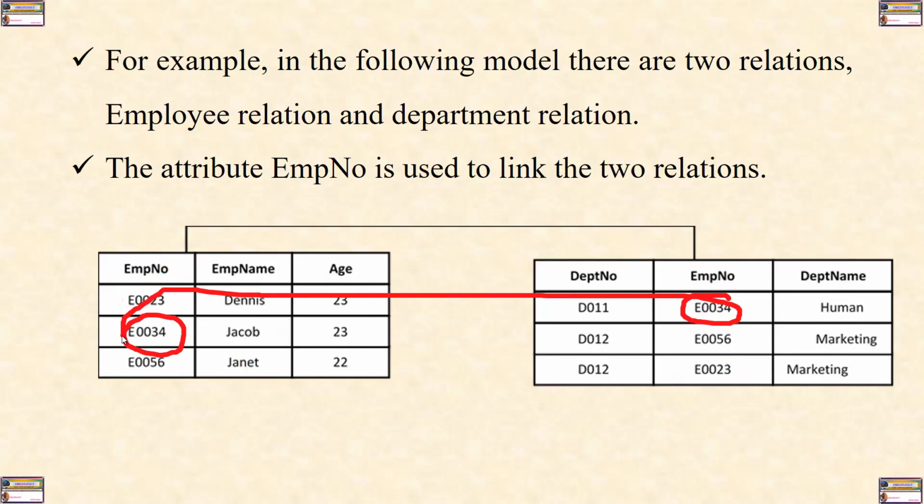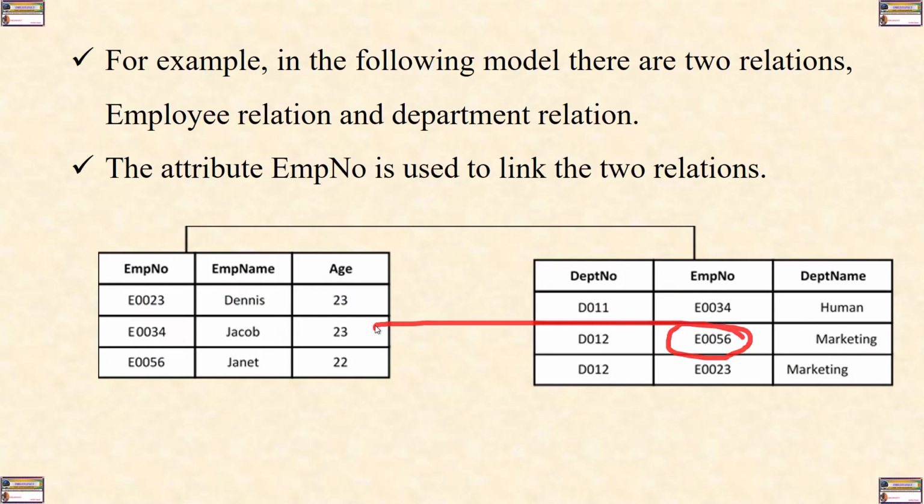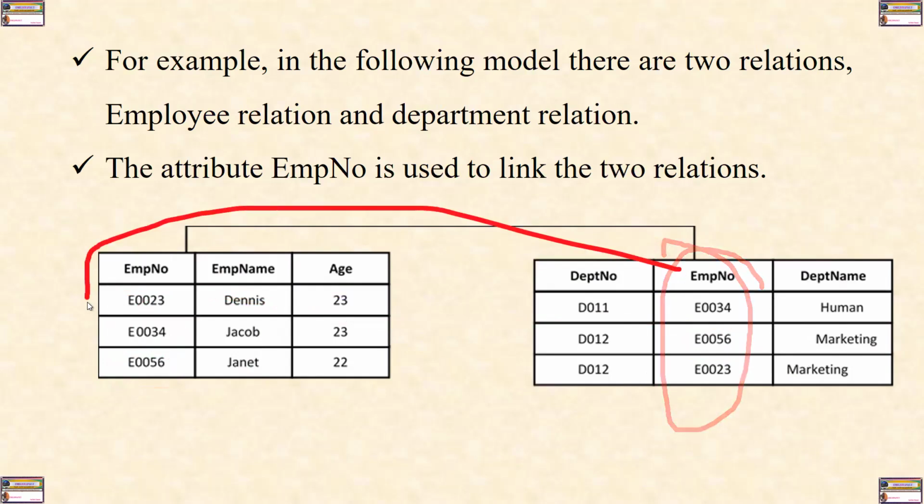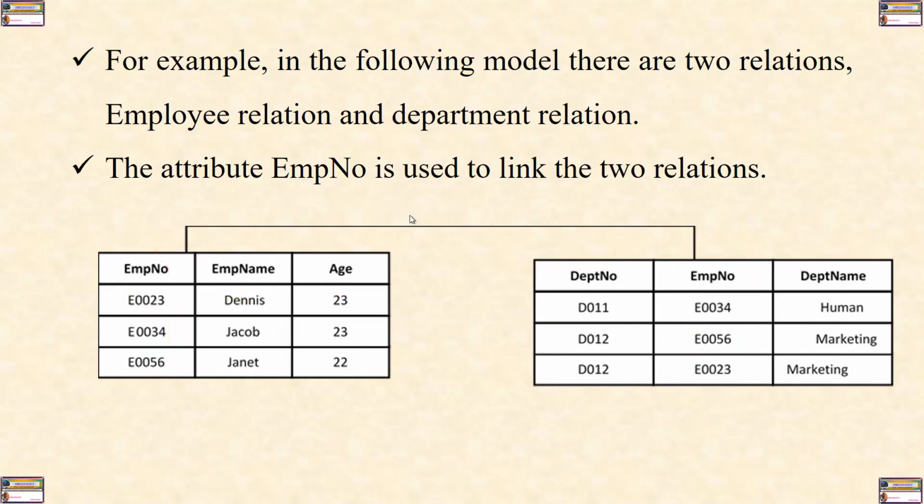If you check E0056, it is this one here. Therefore, you can see the common data between these two tables is the employee number. And therefore, the two tables are related through employee number.